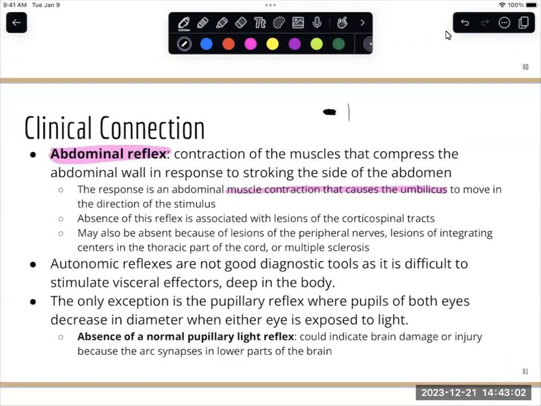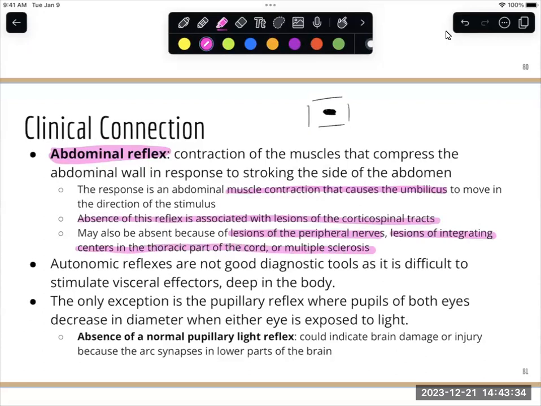So you'd stroke here, you could stroke here, you can stroke here, and you can stroke here. Kind of like a box around it. This reflex may be absent, or damage to it, again, absent reflex is that corticospinal tract, because that's carrying some of our reflex information. Could be lesions, damage to those peripheral nerves. The integrating center or multiple sclerosis.